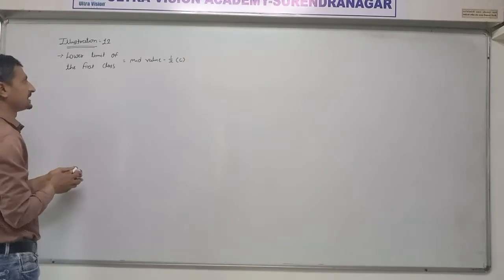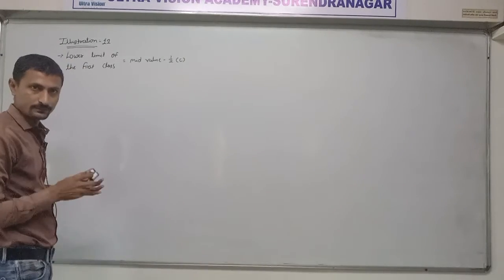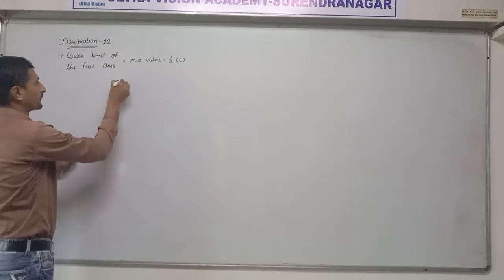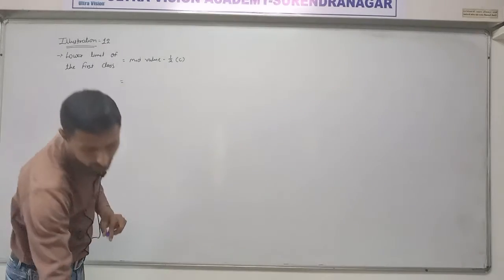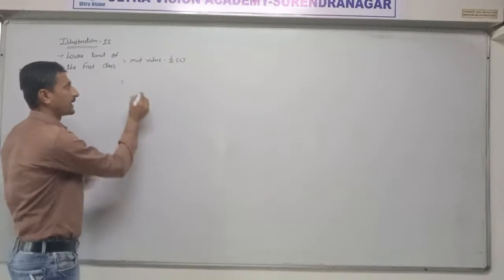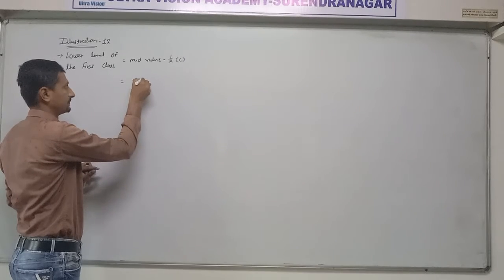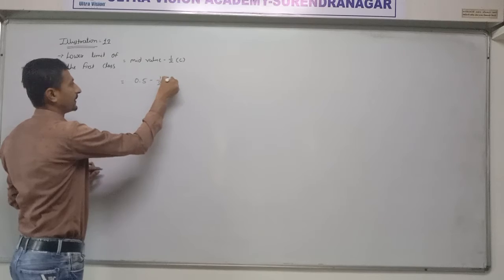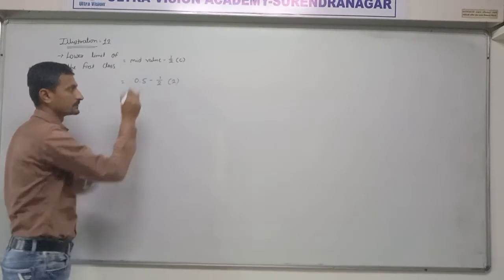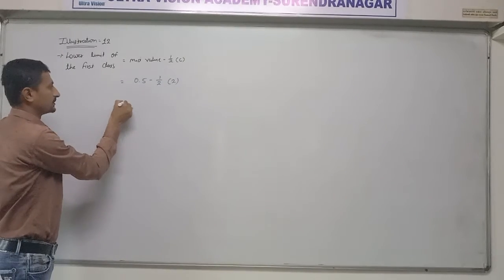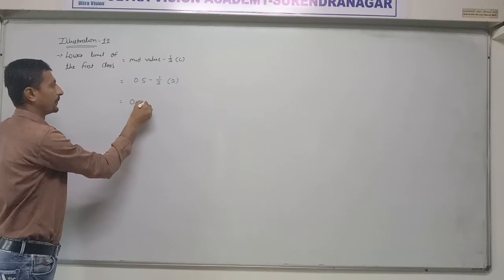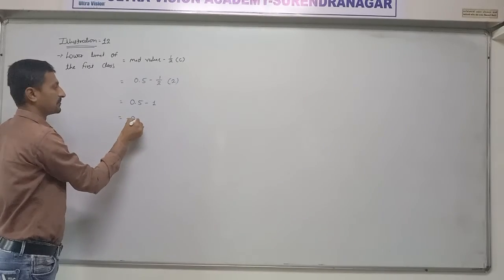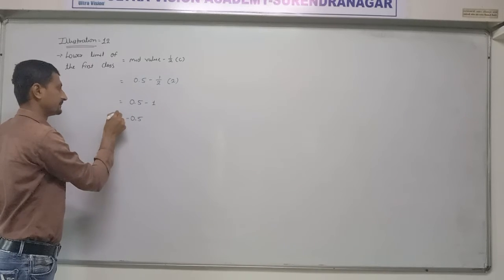Therefore, class length C is equal to 2. For the first class, mid value is given as 0.5 minus 1 by 2 into class length 2, that is 0.5 minus 1. Answer is minus 0.5.